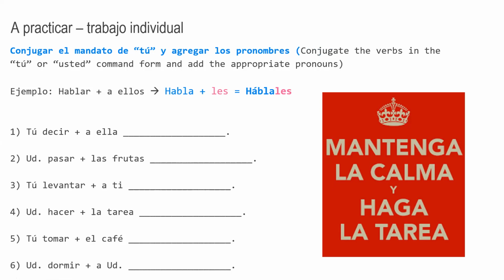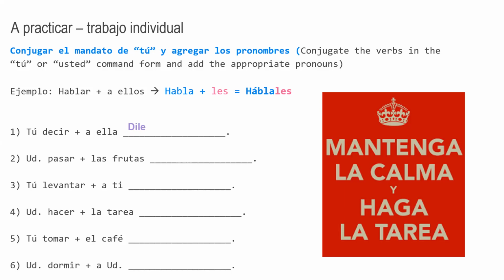Okay, so for número uno, we have decir a ella, so we need di and le, dile. Since the stress is still on the second to last vowel, we don't need to add an accent mark. Usted pasar las frutas. First we need to change pasar to pase, and then we add las to the end.